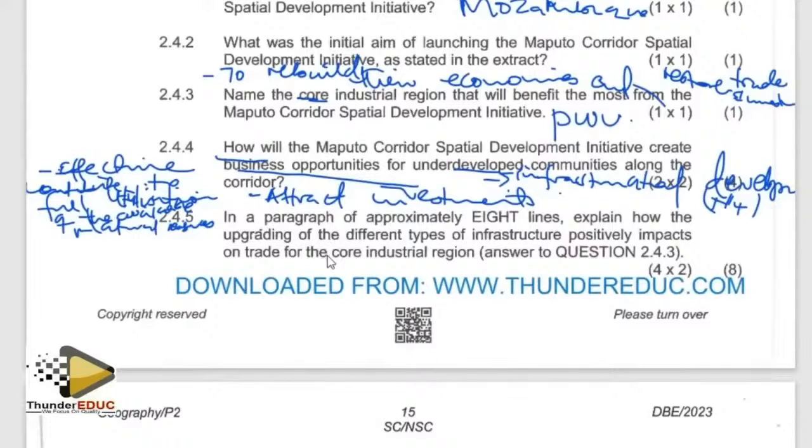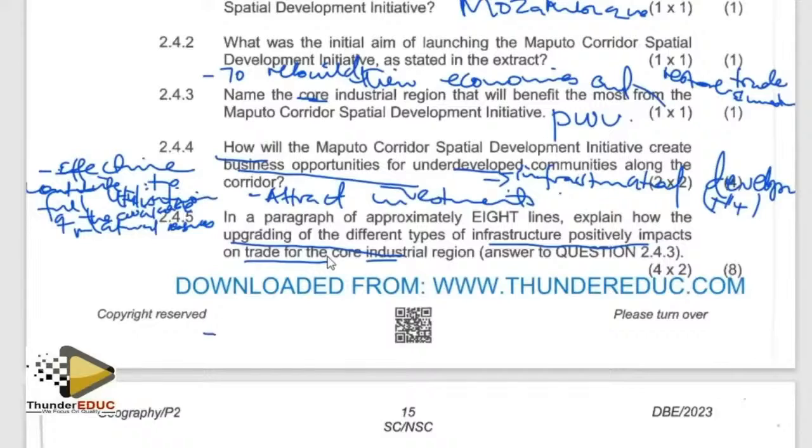Explain how upgrading of the different types of infrastructures positively impacts on trade for the core industrial region mentioned above. So if they upgrade the different types of infrastructures, say roads, schools, hospitals, and everything, how will it positively impact on trade for the core region?